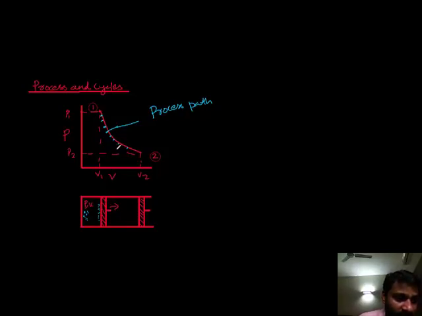The process proceeds in such a manner that the system remains infinitesimally close to an equilibrium state at all times. This is called a quasi-equilibrium process, or quasi-static process.